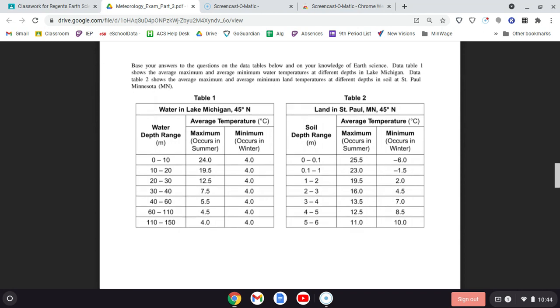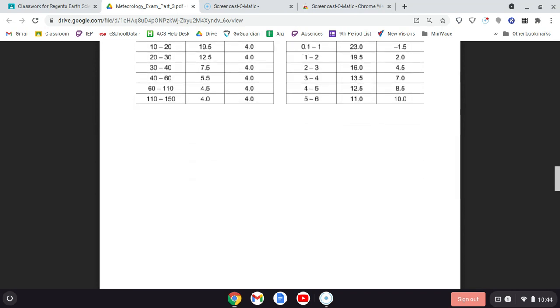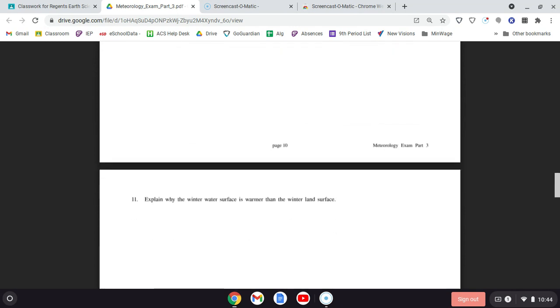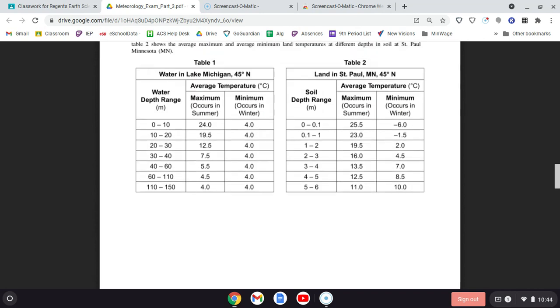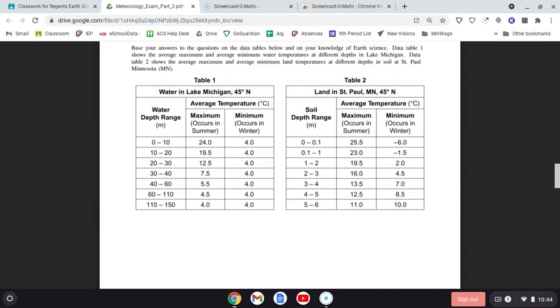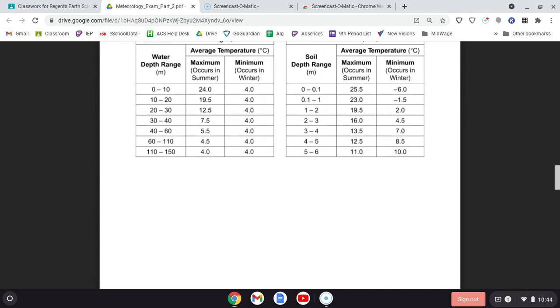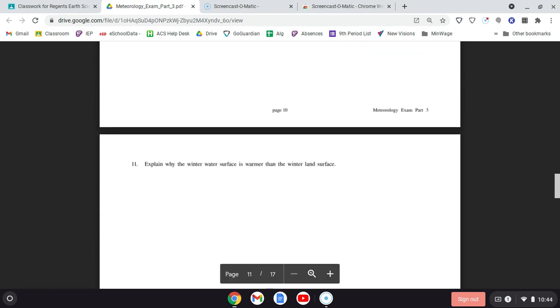So we've got water at Lake Michigan and land in St. Paul, Minnesota. Our question wants to know, explain why the winter water surface is warmer than the winter land surface. Why would the water be warmer than the land during winter?